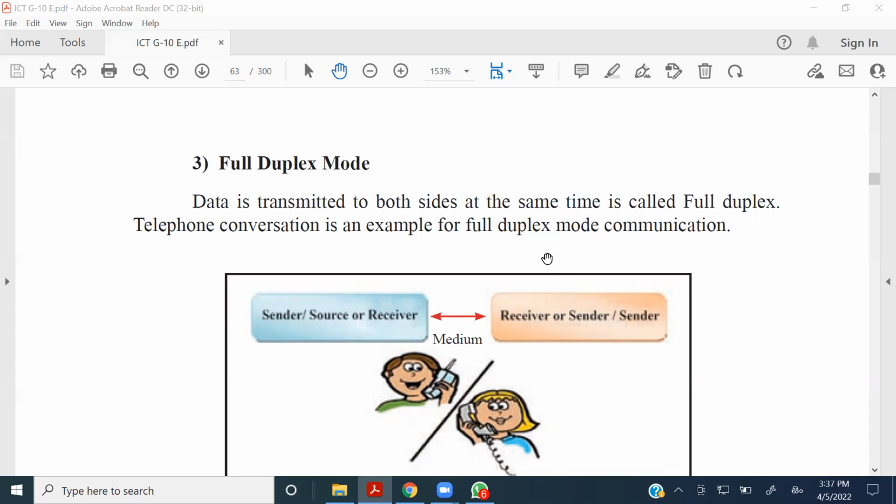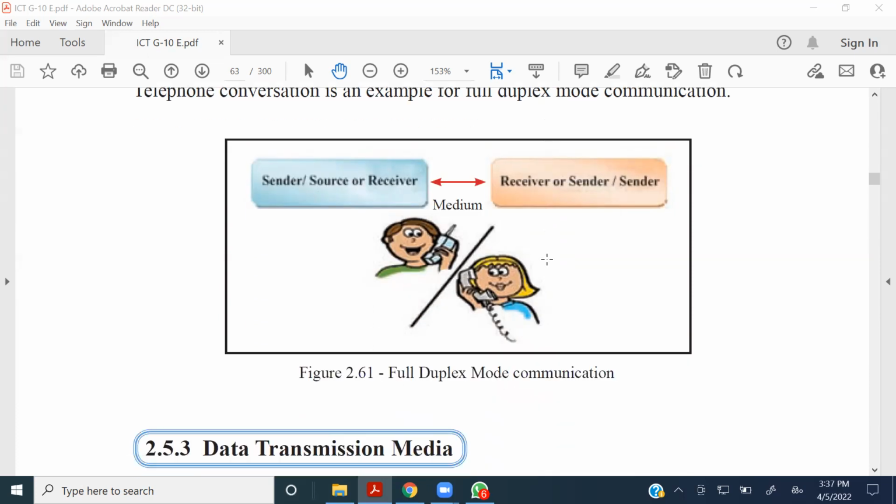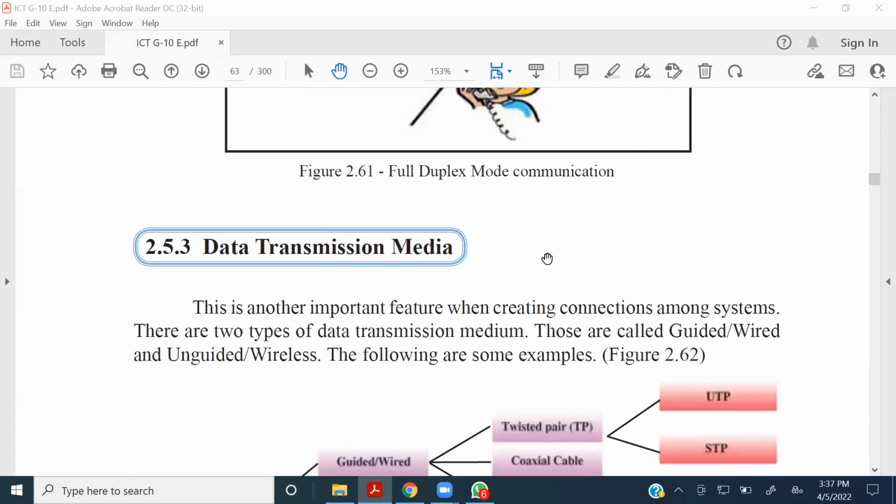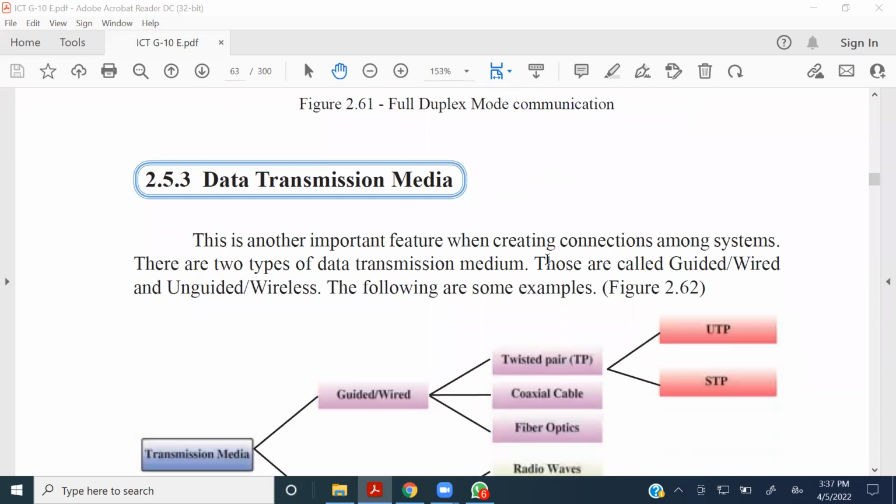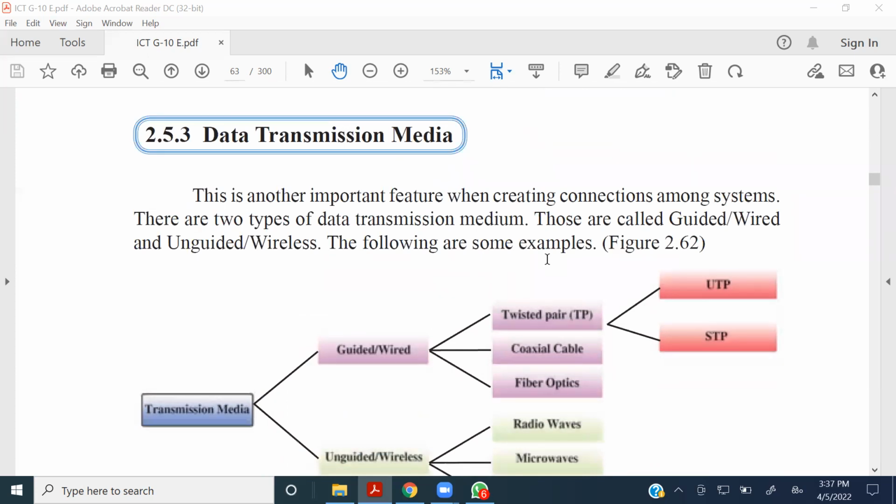Now we can move to the communication media or the transmission media under this topic. The transmission media is the medium used to send data from one end to another, right? Think of a scenario where you are sending an image from one mobile device to another; we usually use Bluetooth, right?